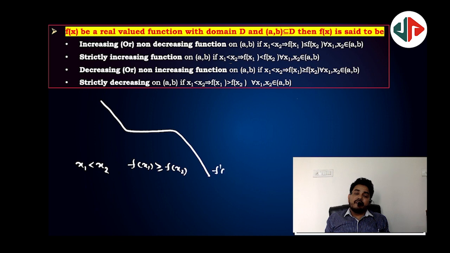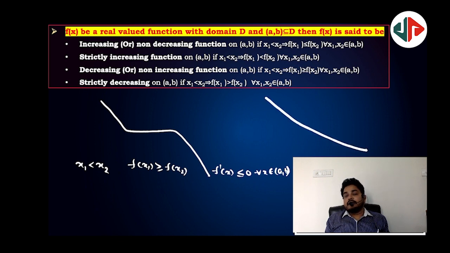Or here f dash of x is less than or equal to 0 for all x belongs to open interval a to b. Strictly decreasing, f dash of x is less than 0.